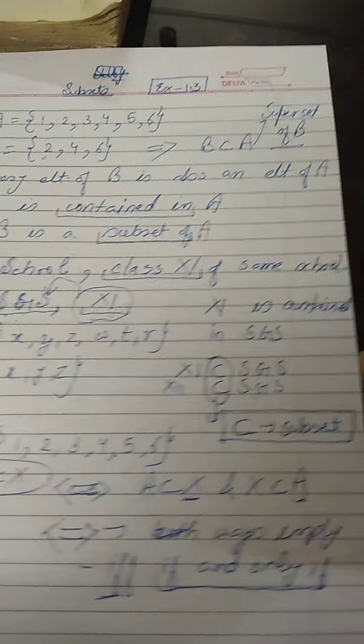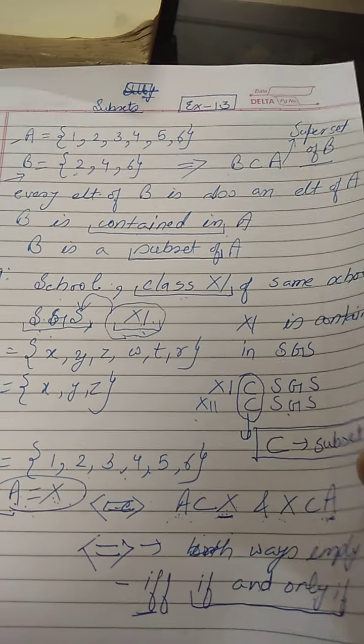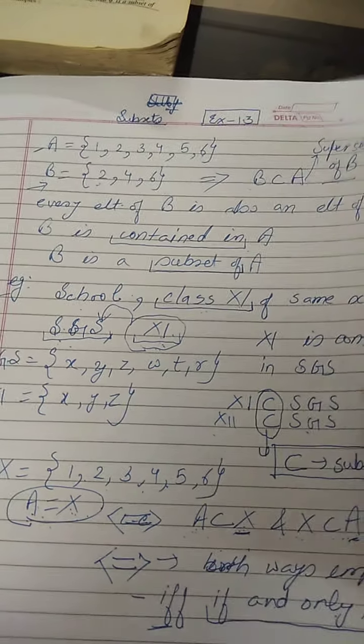Now let us discuss a few more examples on the subset, because we have used these things earlier also, but we have never used the word subset. For example, consider the number systems R, N, Z, and so many other number systems. Let us take these three first of all.